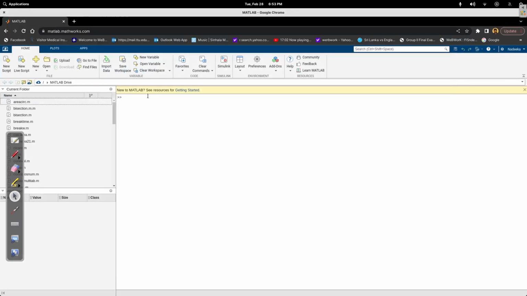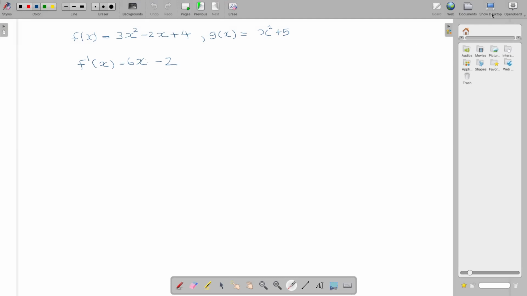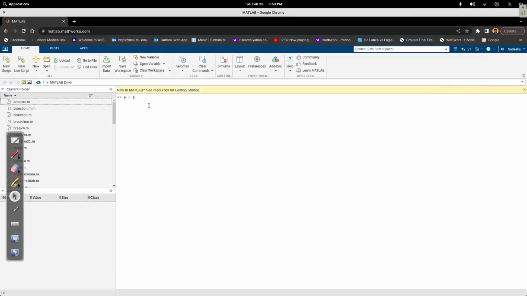So I can say p is equal to [3 -2 4]. Then I can go polyder(p).